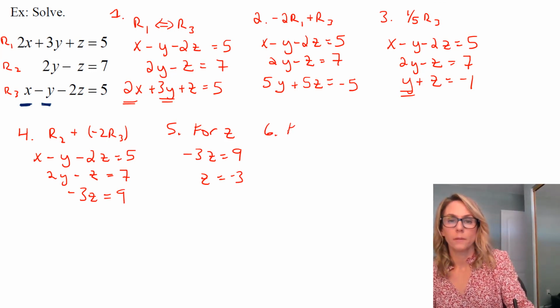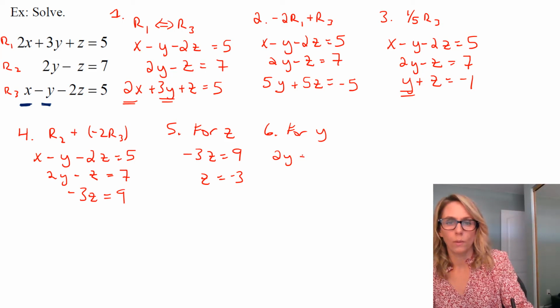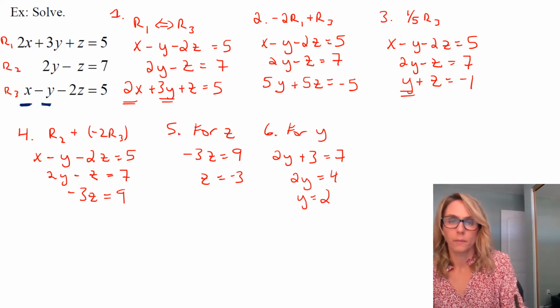Our second step, solving for y, we have 2y and then minus z, so plus 3, because minus a -3, equals 7. So then we subtract 3 and divide.